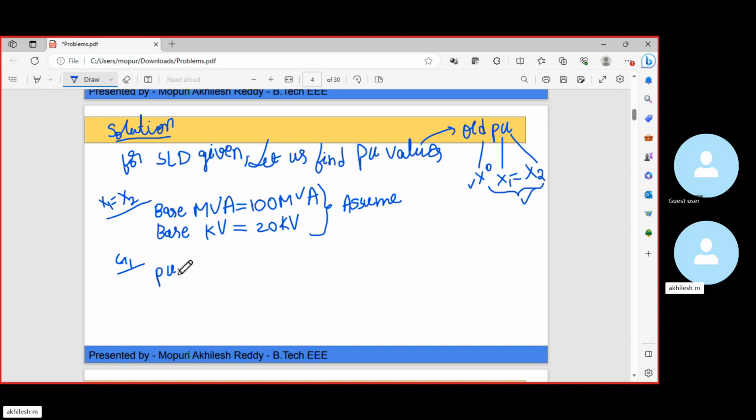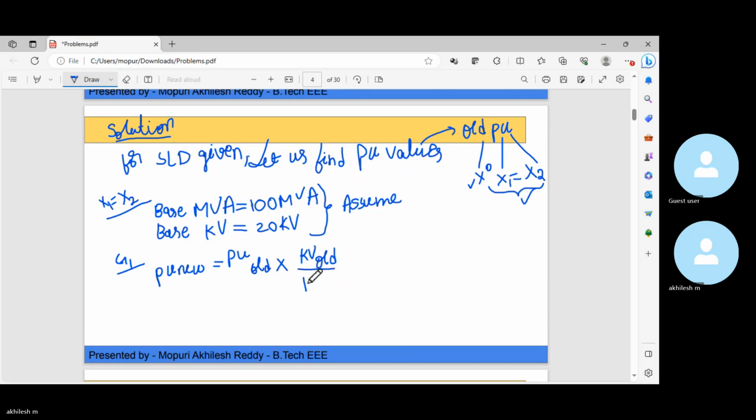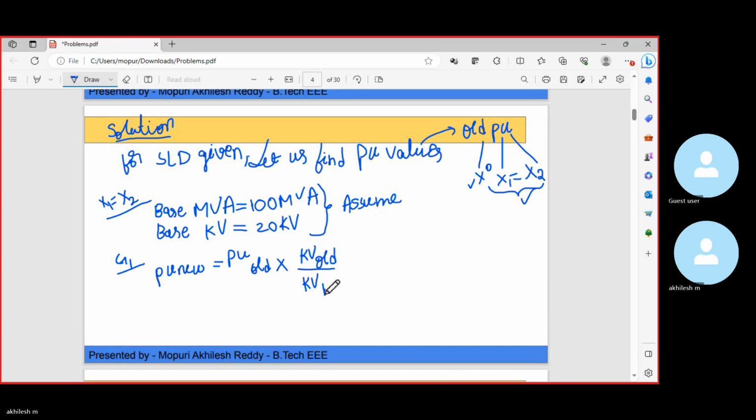Per unit new is equal to per unit old into, what is the formula for per unit analysis, kV old divided by kV new, whole square, into MVA new divided by MVA old. Is this correct?